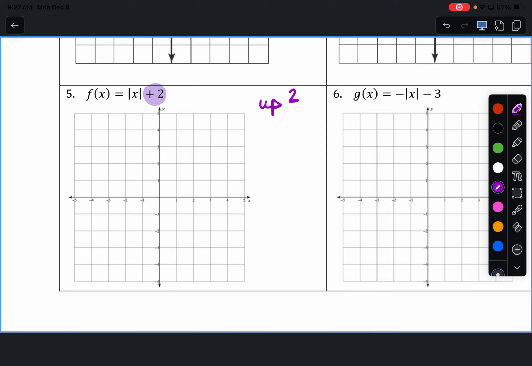Anytime our transformation is outside of our absolute value brackets, it makes it go up or down. If it's inside, it goes left or right. So this is up 2. What does up 2 do to our vertex? What would up 2 from 0, 0 be? 0, 2. So we go to 0, 2.